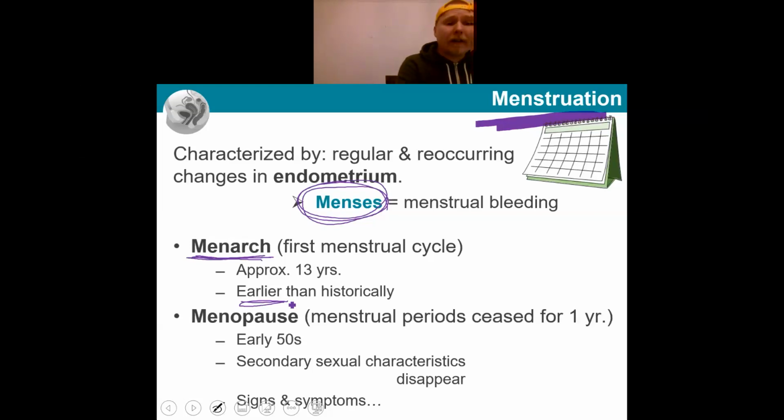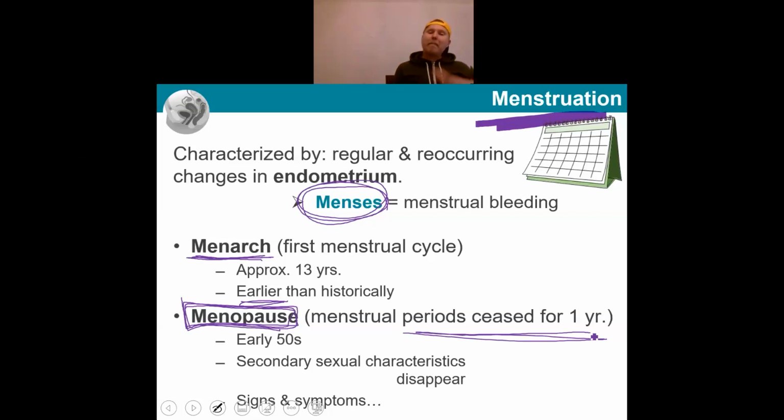The other concept that I wanted to mention is the concept of menopause. So the official definition for the menopause is that the menstrual periods have ceased for a period of at least 1 year. That's when we say that an individual, the female, has reached the menopause. That's typically within the early 50s. And during that time, these secondary sexual characteristics might start to disappear.